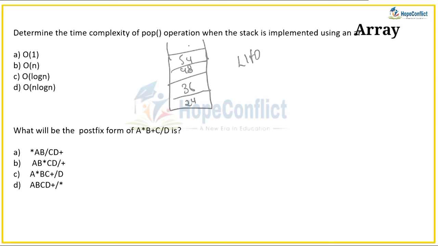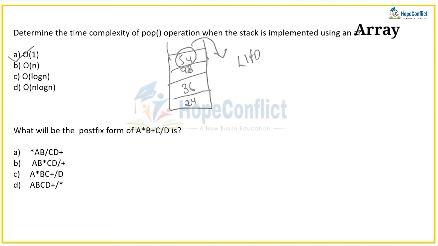Pop means the element that we inserted last will be deleted first. This is going to take just constant time, because simply by doing pop, the element 54 will be thrown out. So what is the correct answer? Big O of 1. That is going to be the time complexity of the pop operation.